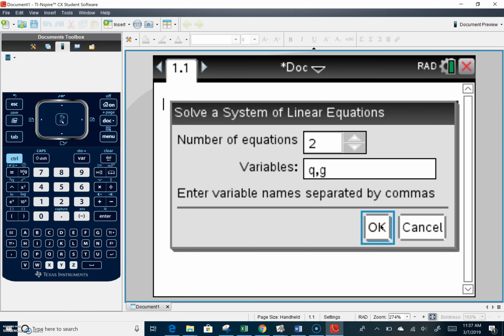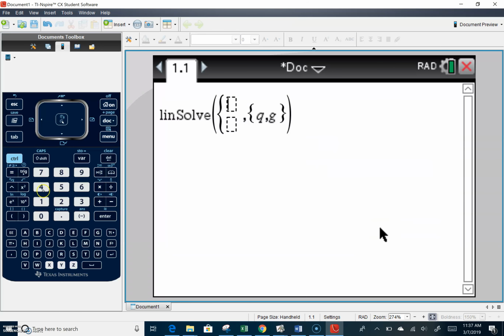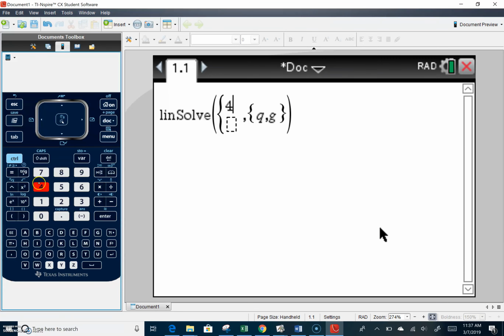Now I'm going to type in 4Q plus 9G equals 30.